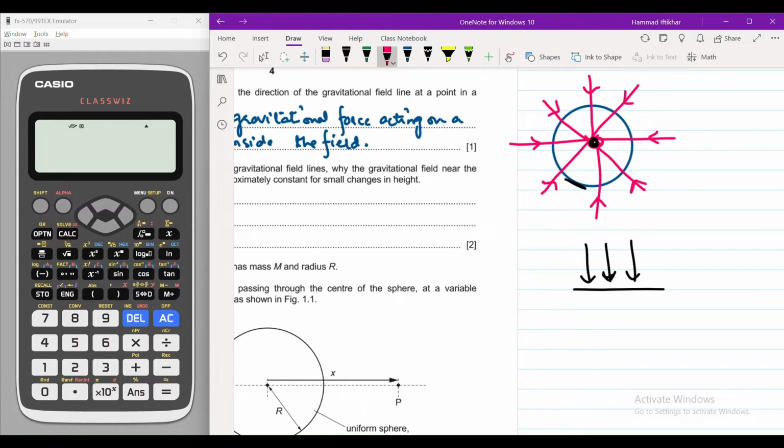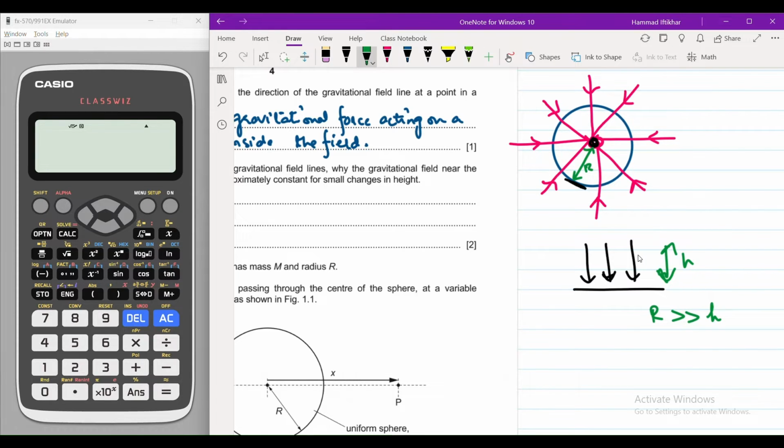Because there is a huge difference between the small changes in height at the surface and the radius of the planet. The radius of the planet is very large compared to small changes at the surface. That's why the gravitational field strength appears almost constant for small changes in height at the surface.